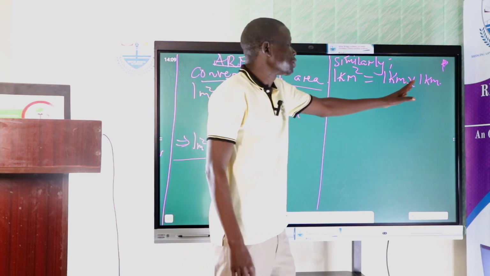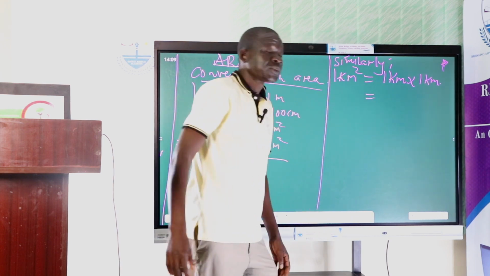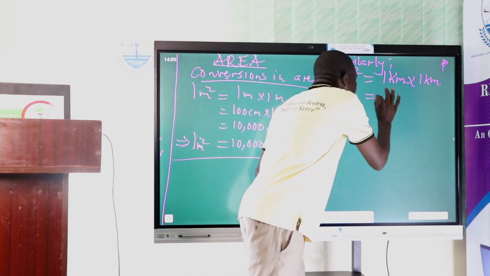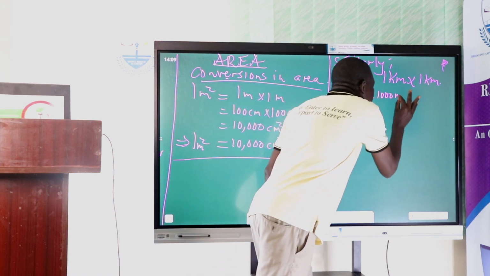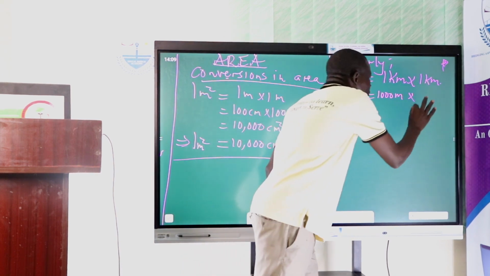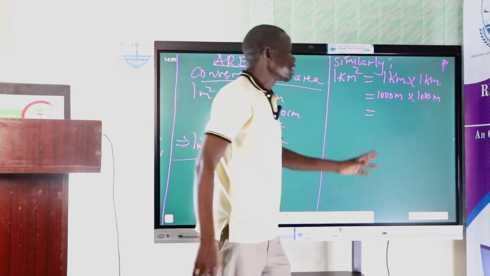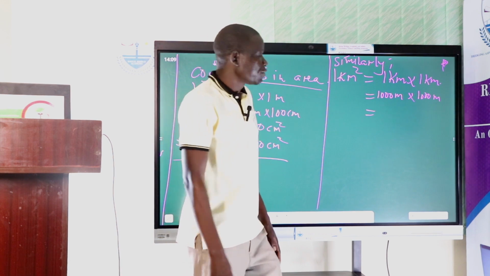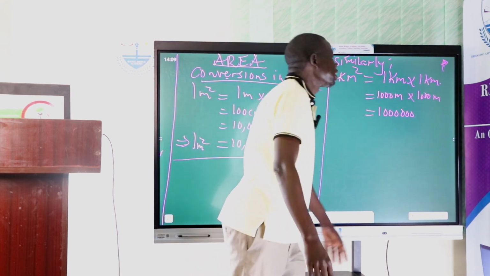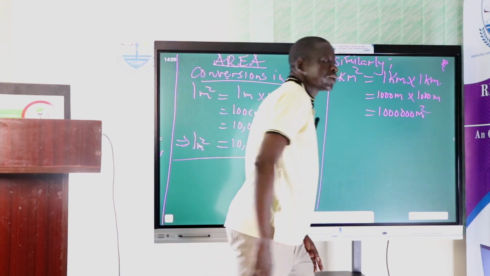But in a kilometer, there are 1,000 meters. So in this 1 kilometer, we have 1,000 meters, and in this kilometer, we also have 1,000 meters. So 1,000 times 1,000, we get 1 million. And a meter times a meter gives a meter square, or square meter.